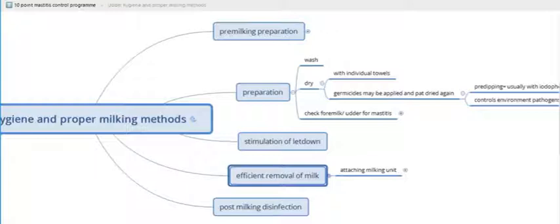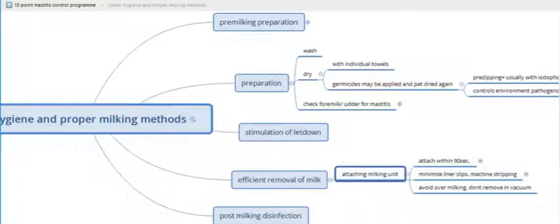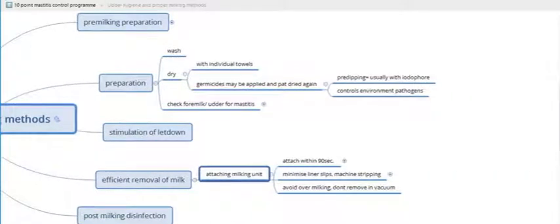When you are doing machine milking, the unit should be attached within 90 seconds, that is within 1.5 minutes, concerned with the letting down period.